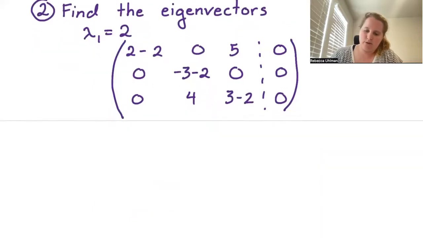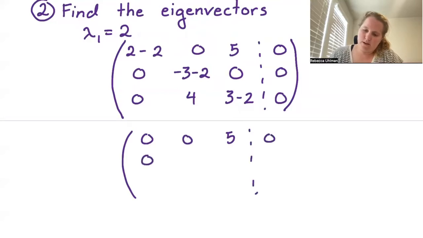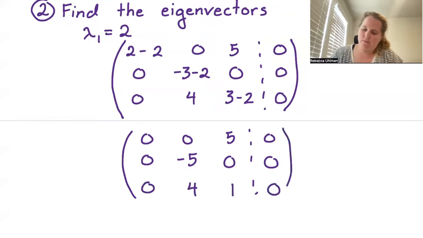So this is equivalent to 0, 0, 5, 0, 0, negative 5, 0, 0, and then we have 0, 4, 1, 0.